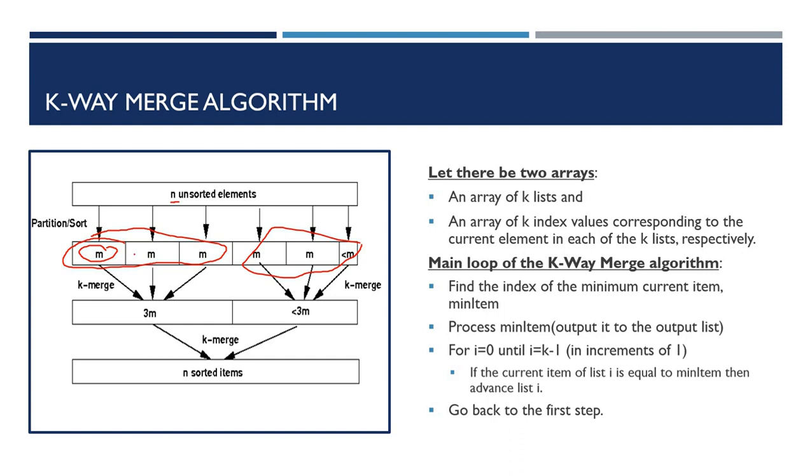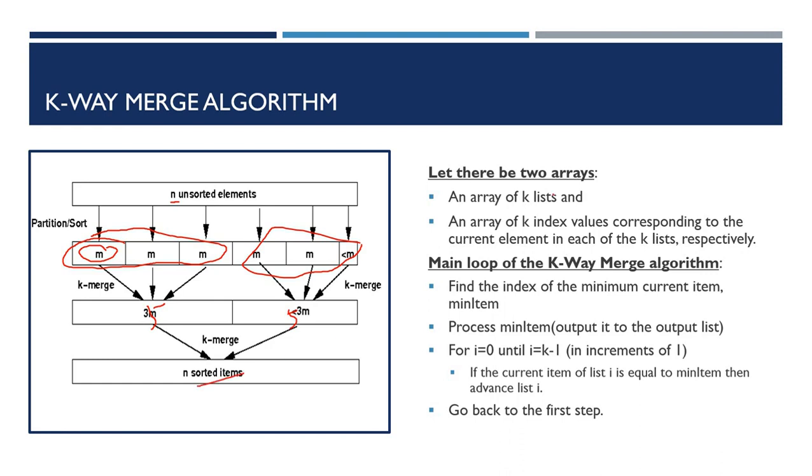Let us consider 5 blocks in the first part and the next 5 blocks. As we are considering 10 blocks, we will say 5m and 5m. So all the elements are further organized and sorted using the k-way merge algorithm to produce the final sorted elements.